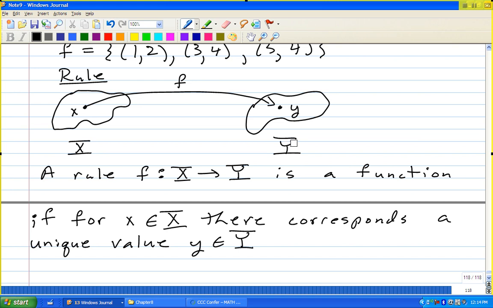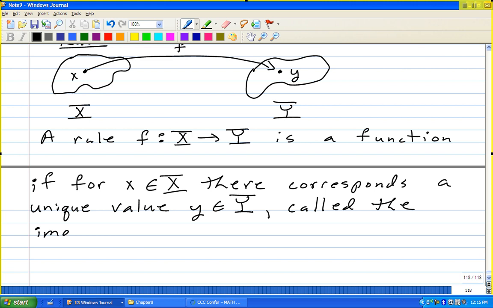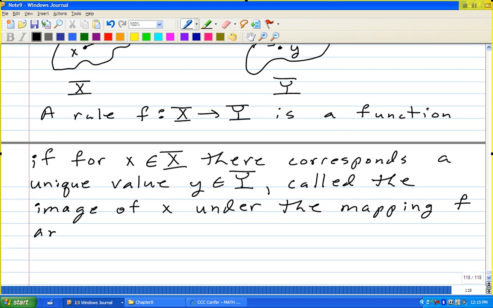and this is called the image of x under the mapping, under the rule F, and is denoted by y equals f of x.